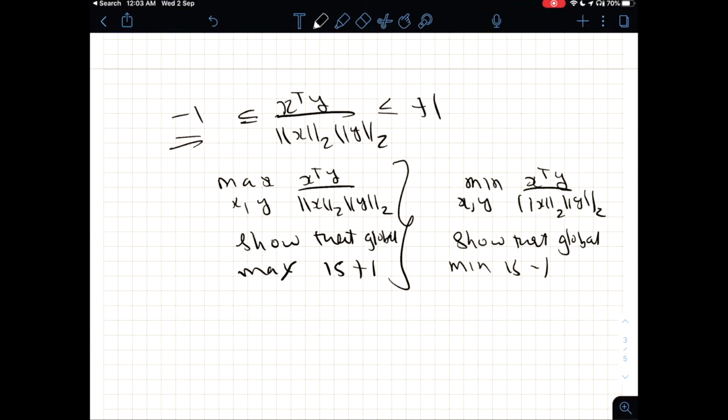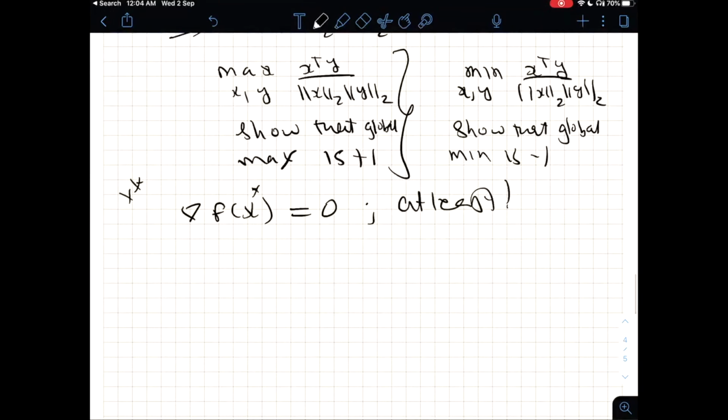It's a good question, because one way to start is, as I have said earlier, that if X star is either a maximum or minimum, and it's an unconstrained optimization problem, then at least it should be a stationary point. And then, as I said, there are second order conditions to be shown and things like that. But I could go about doing it. That's called taking the known path.